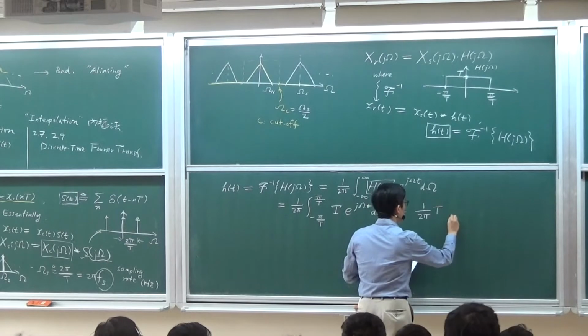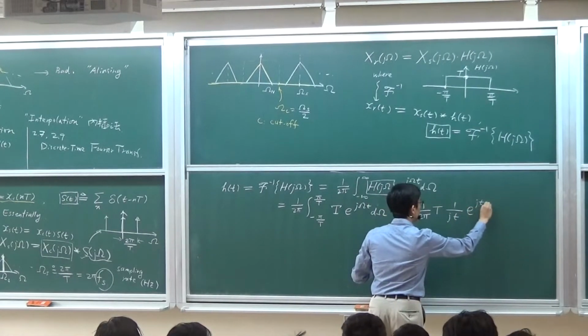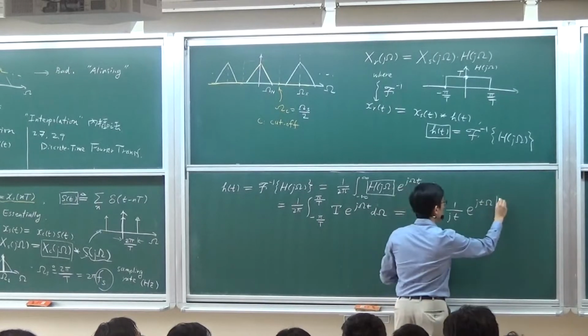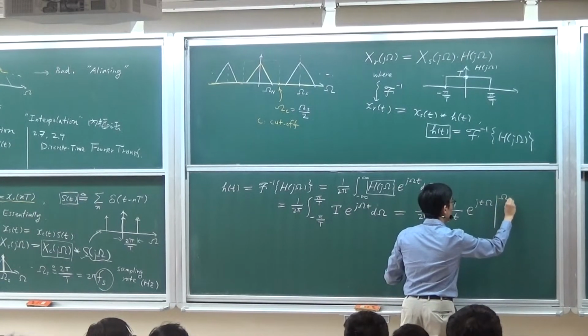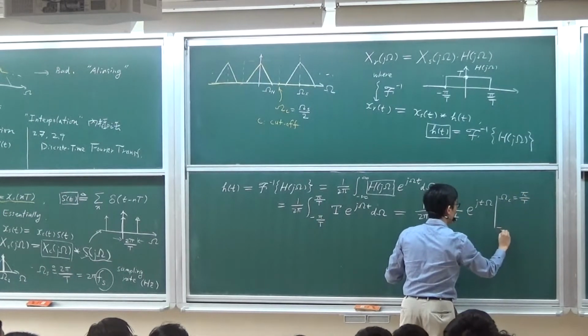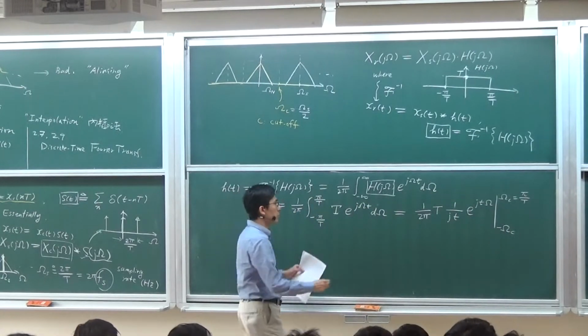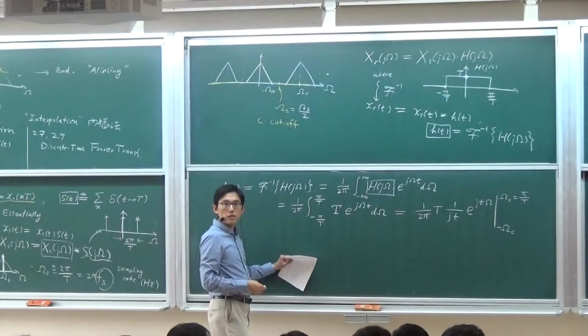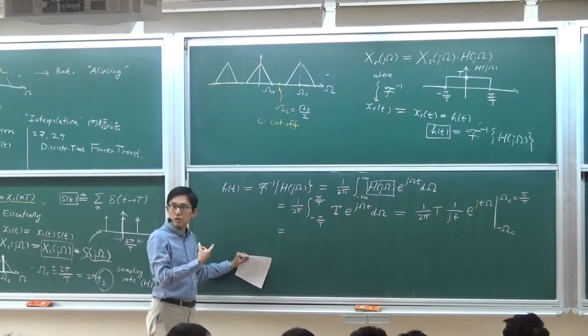Then we have 1 over jt, e to the j omega t, and we need to subtract, plugging in omega c equals pi divided by T, and minus omega c. That's the simple method of calculus. So far so good?